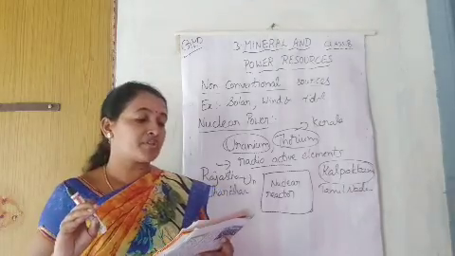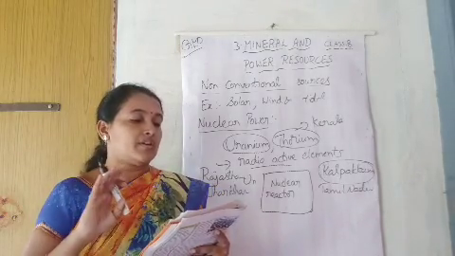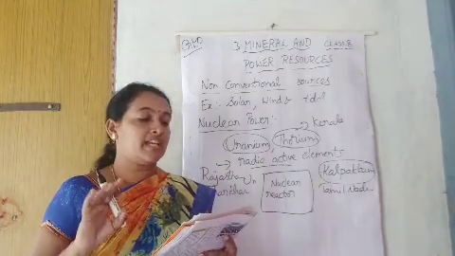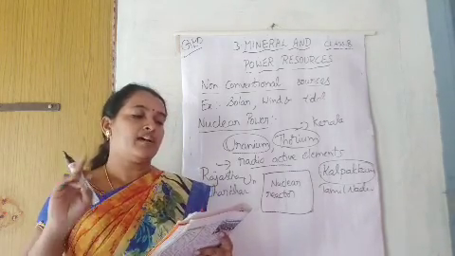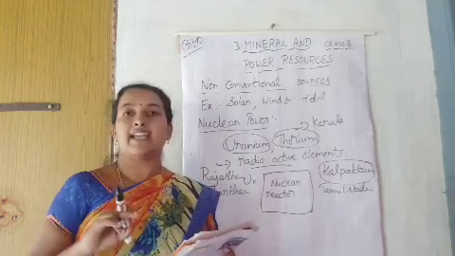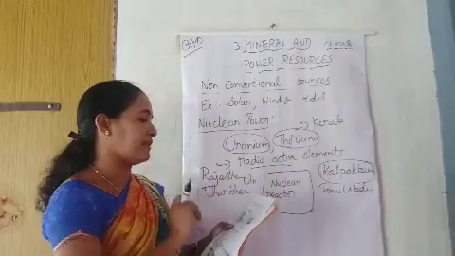So these nuclear power stations in India are in five places: Kalpakkam, Tarapur, Rana Pratap Sagar, Narora and Kaiga.